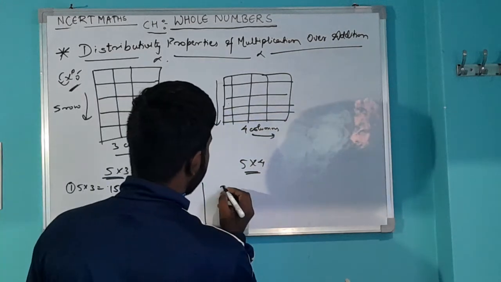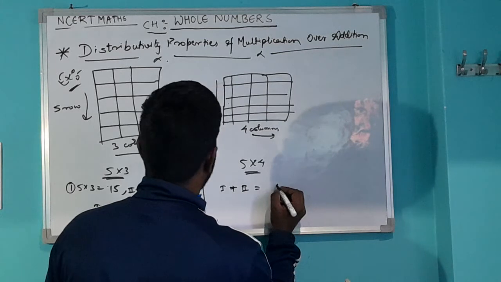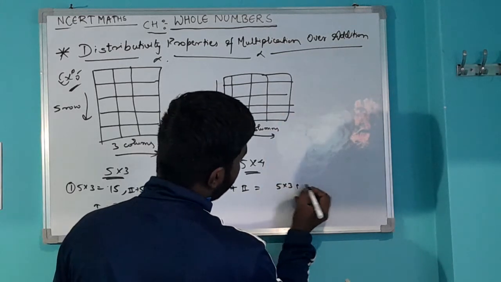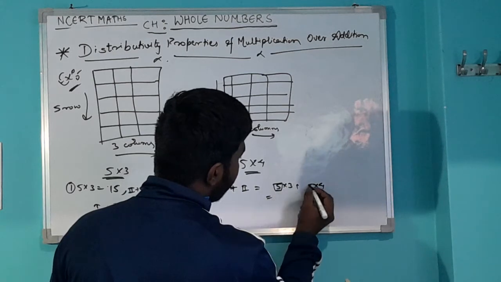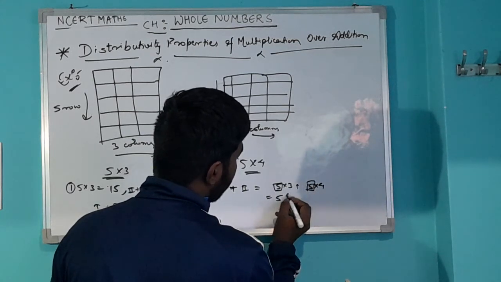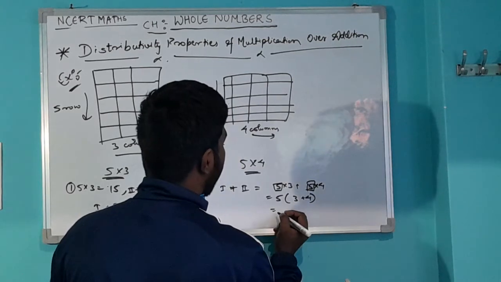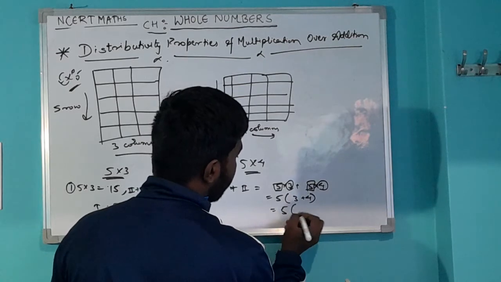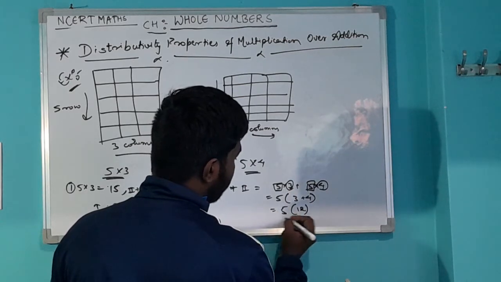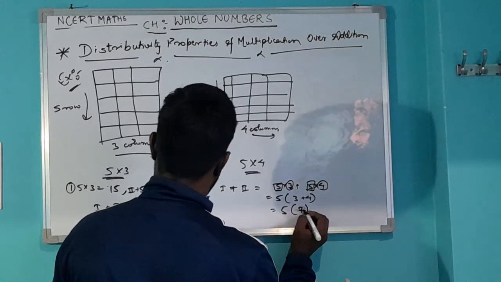Here we write it as first plus second. In our second method, we get 5 into 3 plus 5 into 4. We see that 5 is common between these two. Then we take 5 as common and in brackets we write the remaining terms, 3 plus 4, the sum of which is 7.